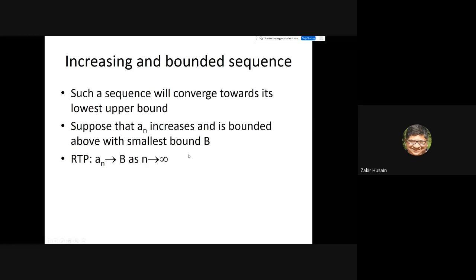Now, the theorem which I wanted to start off with, I broke off at this point yesterday: if we have an increasing sequence, an increasing monotone, and it is bounded from above, the theorem states that such a sequence will converge towards its lowest upper bound.